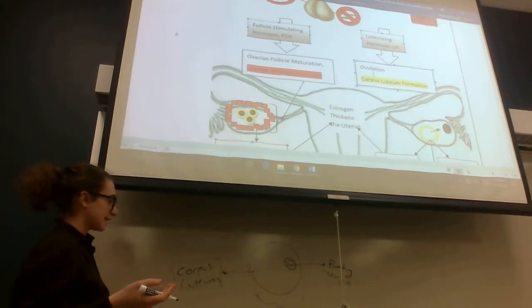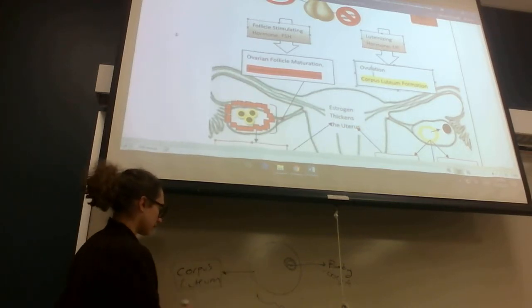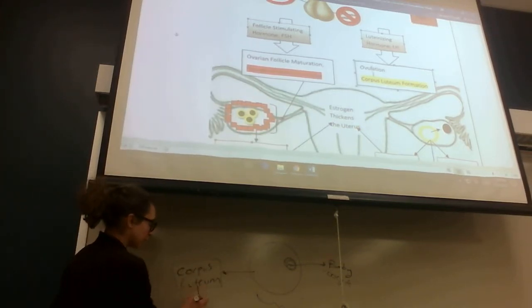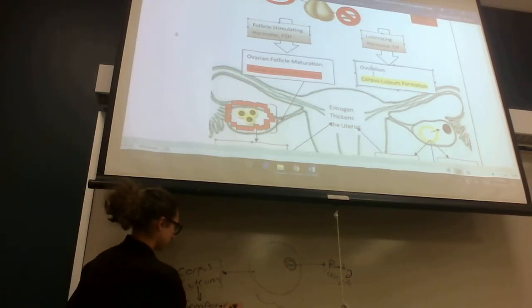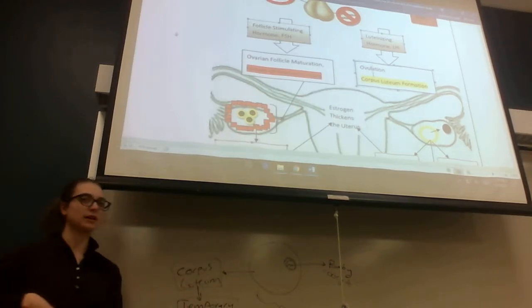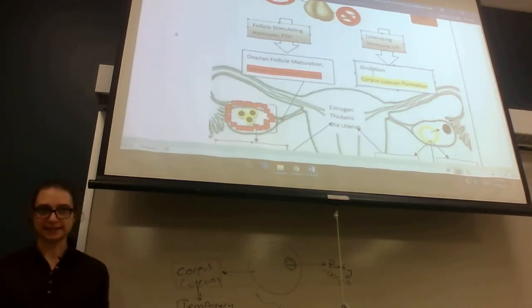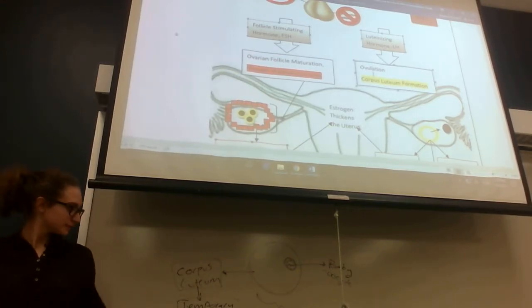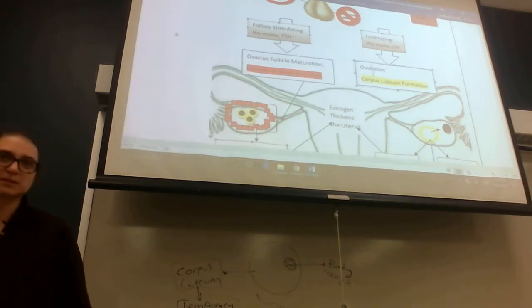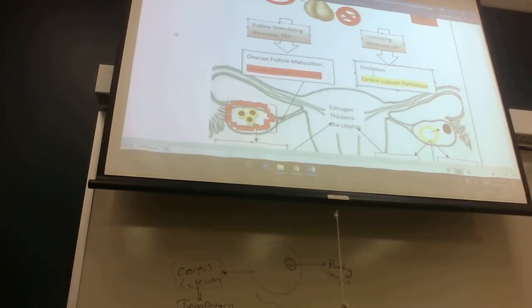Okay. And then the corpus luteum will, during the cycle, become a temporary endocrine gland. So it's temporary. It'll be alive for a little bit, and then it's going to die. So that's the basic breakdown of everything.